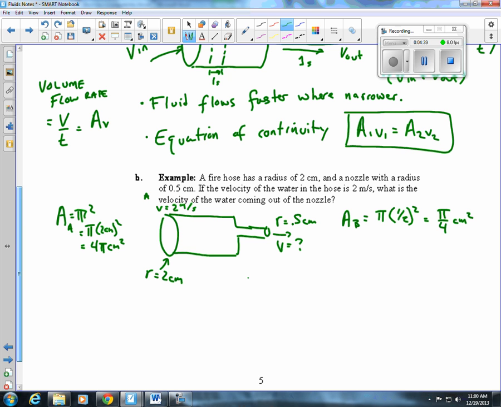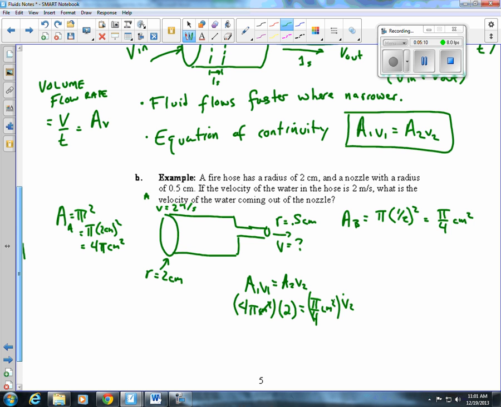Now, my equation is A1V1 is A2V2. So the area over here is 4 pi centimeters squared times the velocity of 2 at the left end equals pi over 4 centimeters squared times the velocity here, which is what we're looking for. Now, the reason I knew I didn't need to convert them is because since I have area on both sides, it's going to cancel.